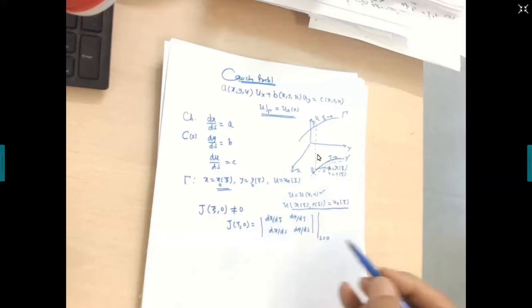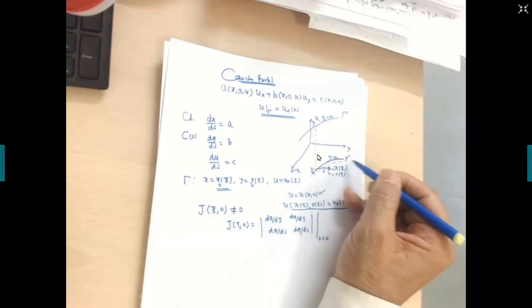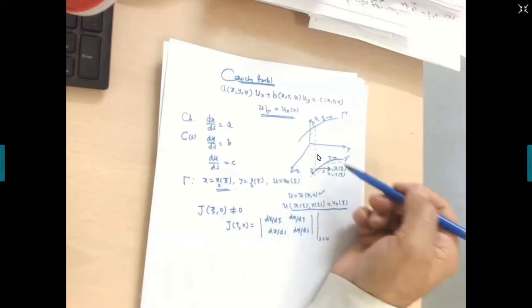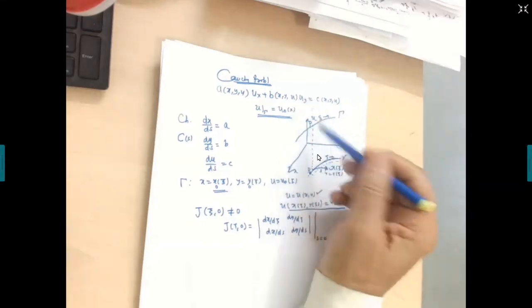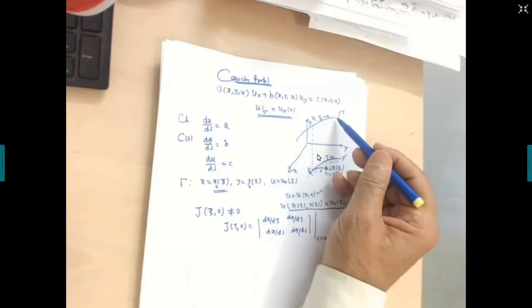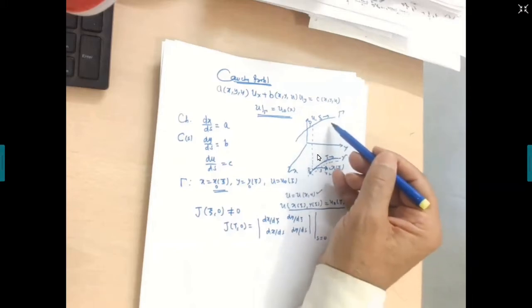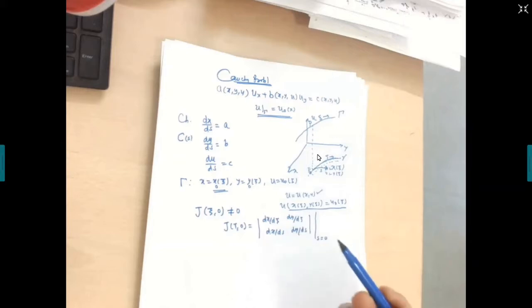S equal to 0 means it is on gamma, small gamma, which is the projection of capital gamma. So you see, this problem is equivalent to specifying that this Cauchy problem has a unique solution passing through this space curve gamma. As a matter of fact, the solution contains this curve gamma. This is precisely that. And what are the conditions?